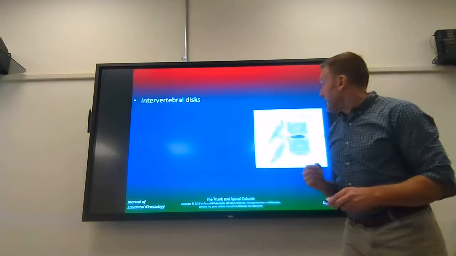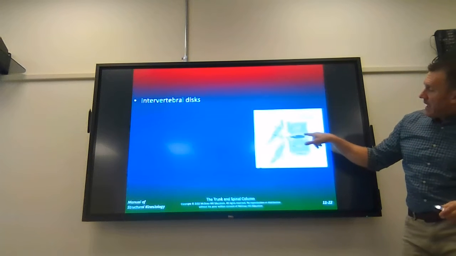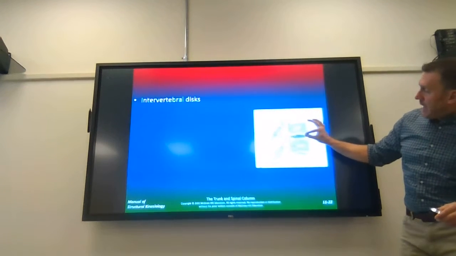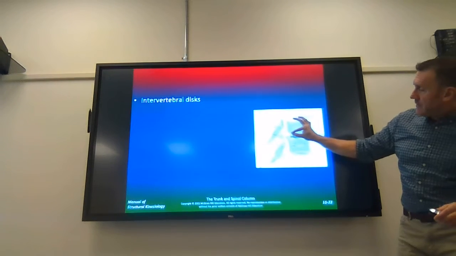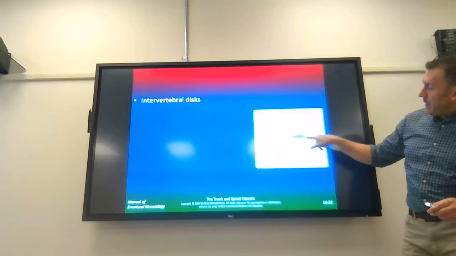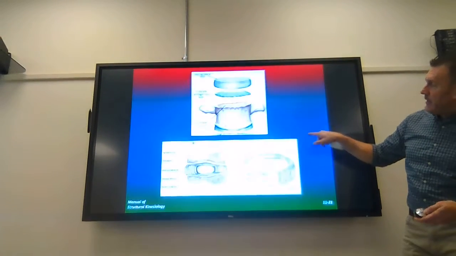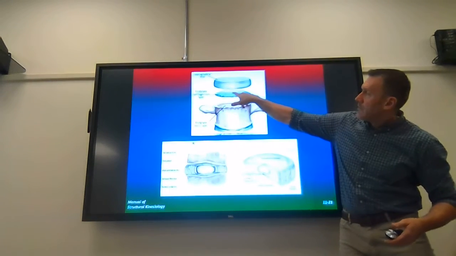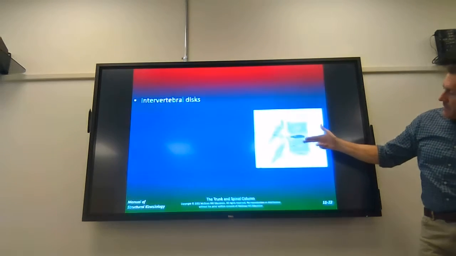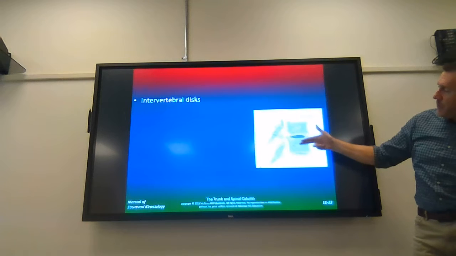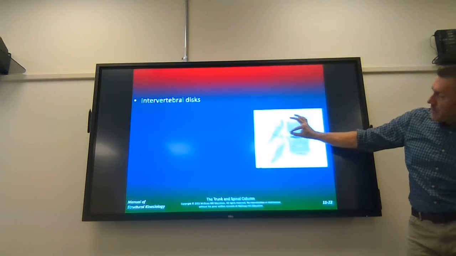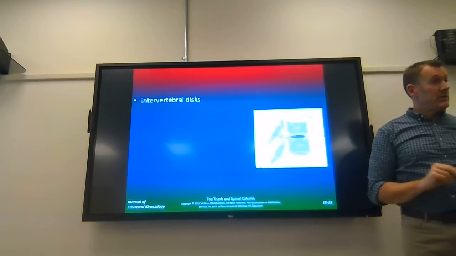A herniated disc simply means that we have this nucleus pulposus that's migrating through this annulus, or in the case of what I just shared with you, it can migrate through this cartilaginous end plate. So it can migrate through here if there's a fracture in this end plate, and it gets down into the spongy bone beneath, or it can migrate out here and put pressure on these nerve roots.